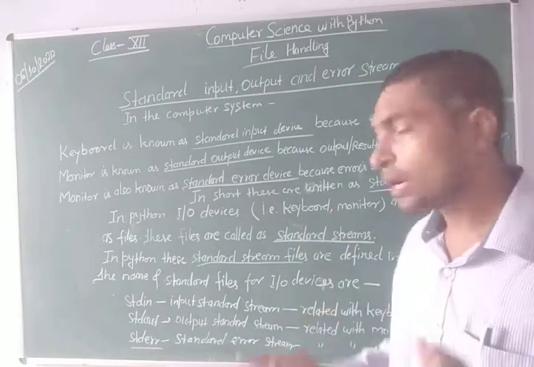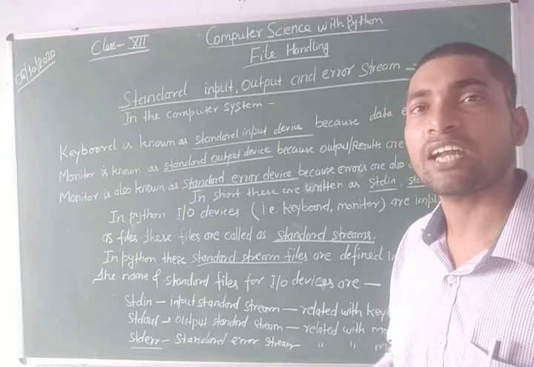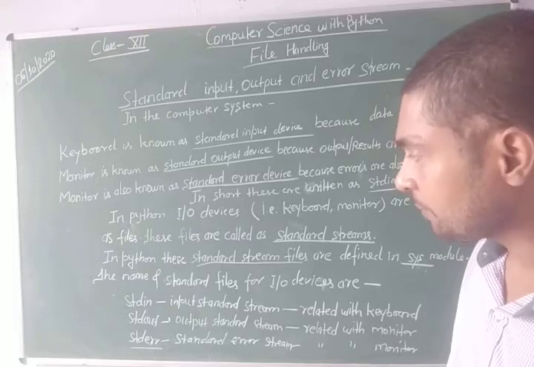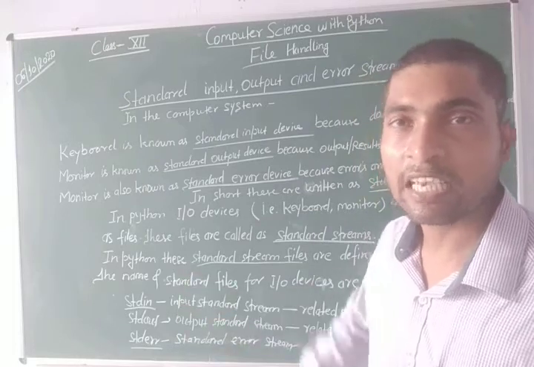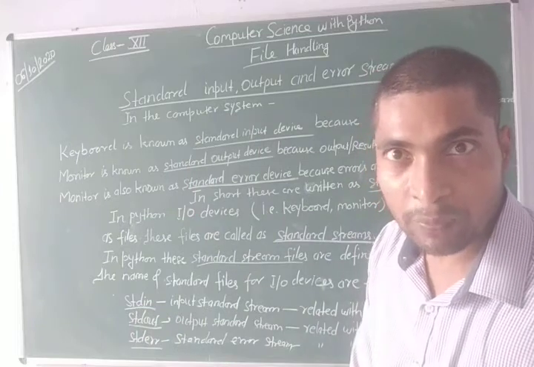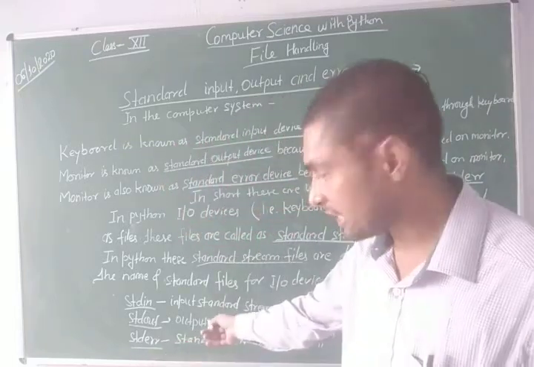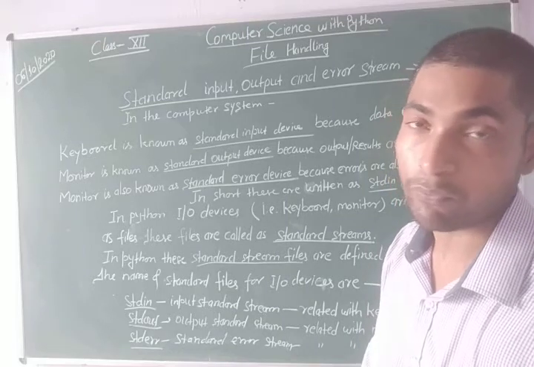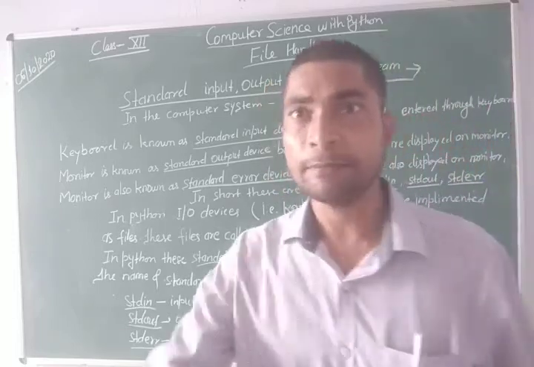It means you should know which stream is related to which kind of operation and the name of each file. STDIN is the file responsible for input operations, and its name is standard input stream. STDOUT is responsible for output operations, and its name is standard output stream. STDERR, the standard error stream, is related with the monitor screen and is responsible for displaying the errors that occur in the program.